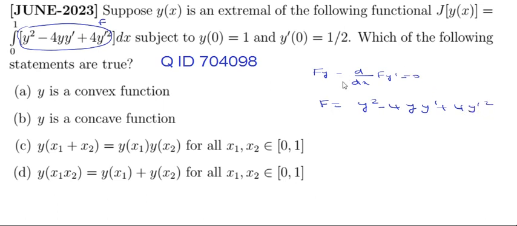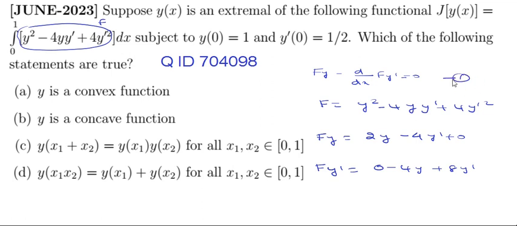So we will find f_y. f_y is 2y minus 4y dash, partial differentiation with respect to y. And f_y dash is 0 minus 4y, because y dash becomes 1, and 4 y dash squared becomes 8y dash.